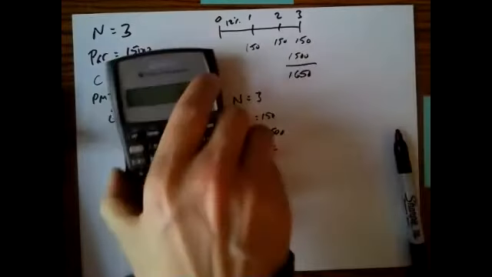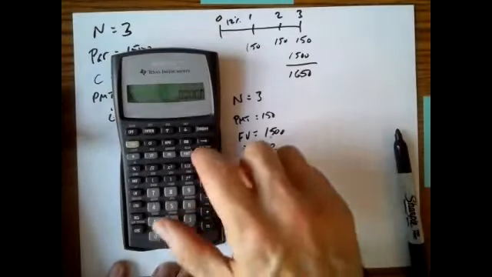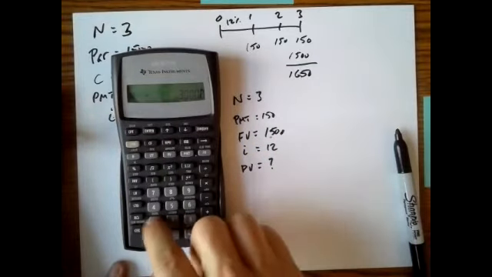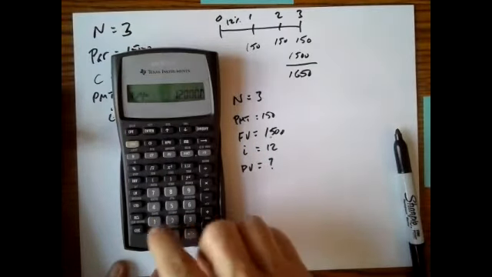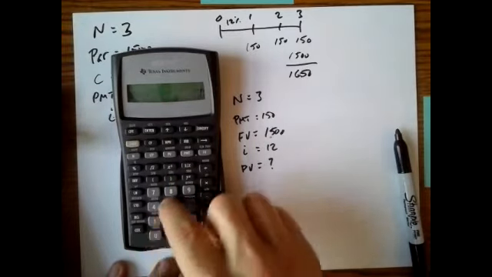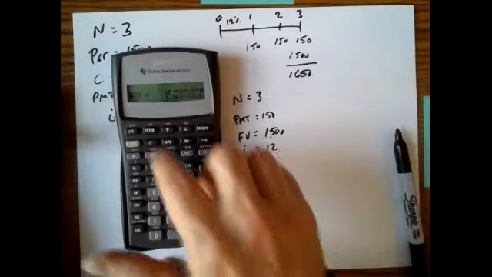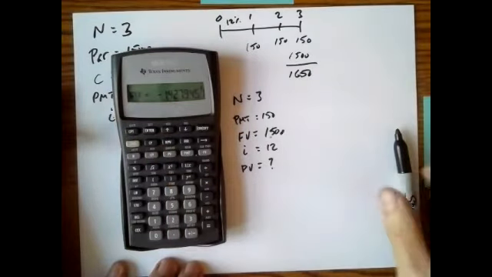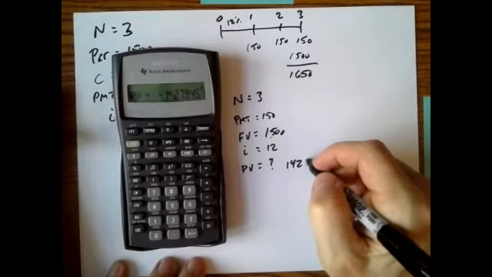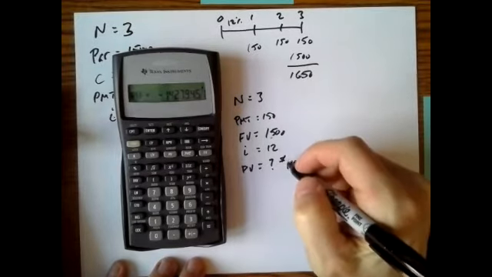So clear our TVM. N is 3, I is 12, payment is 150, future value is 1500, compute PV, and we get 1428-ish.